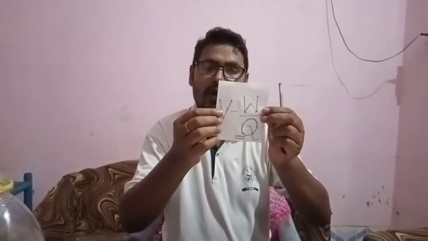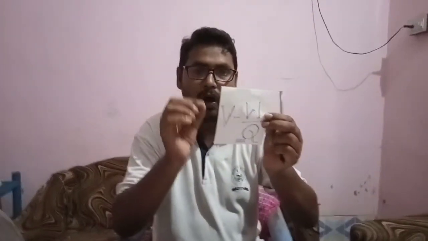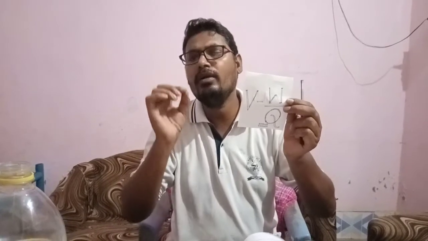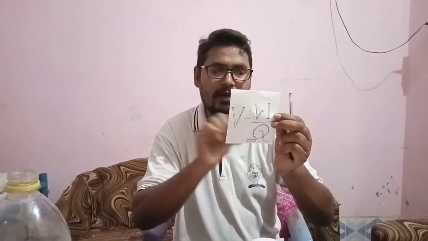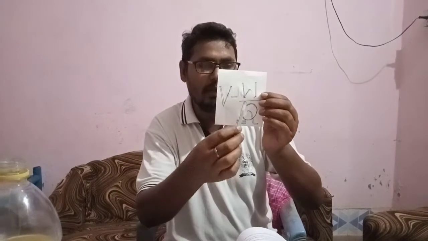Now let's come to our definitions. When the electric potential is said to be 1 volt, it is measured in volts. So 1 volt means 1 joule of work is required to bring 1 coulomb of charge, or unit positive charge, from infinity to our point.